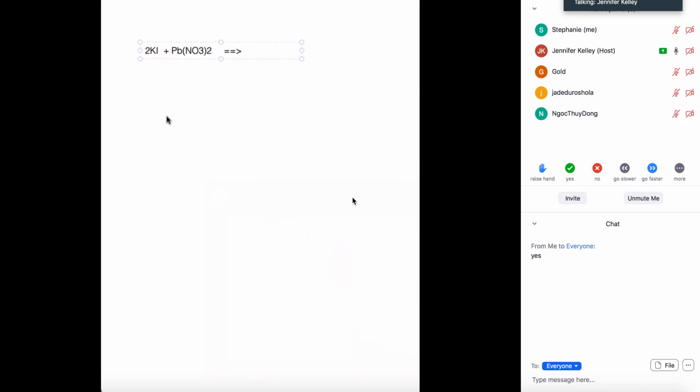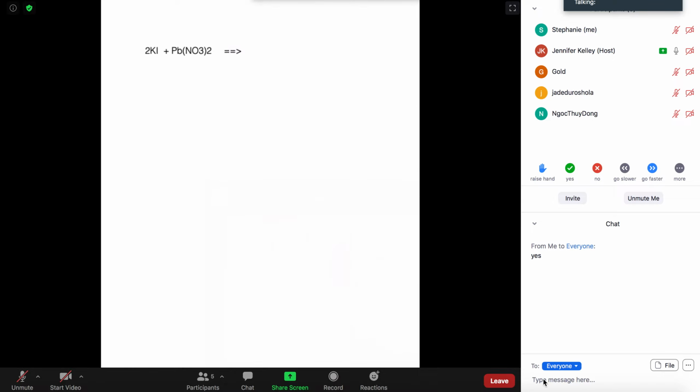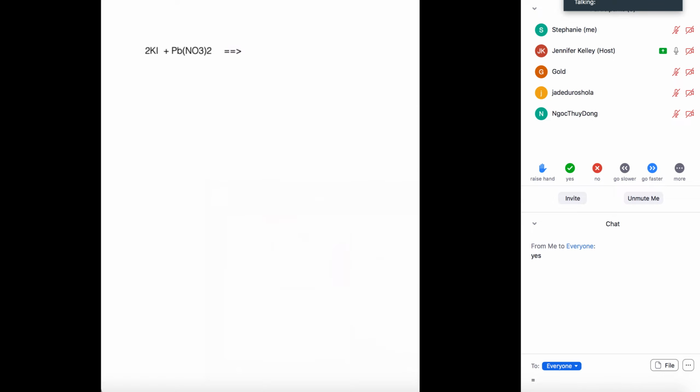And the other is, what is the product going to be? So how do we figure out what the product is going to be again? So I'm going to take this potassium and this lead, and I'm going to switch them.